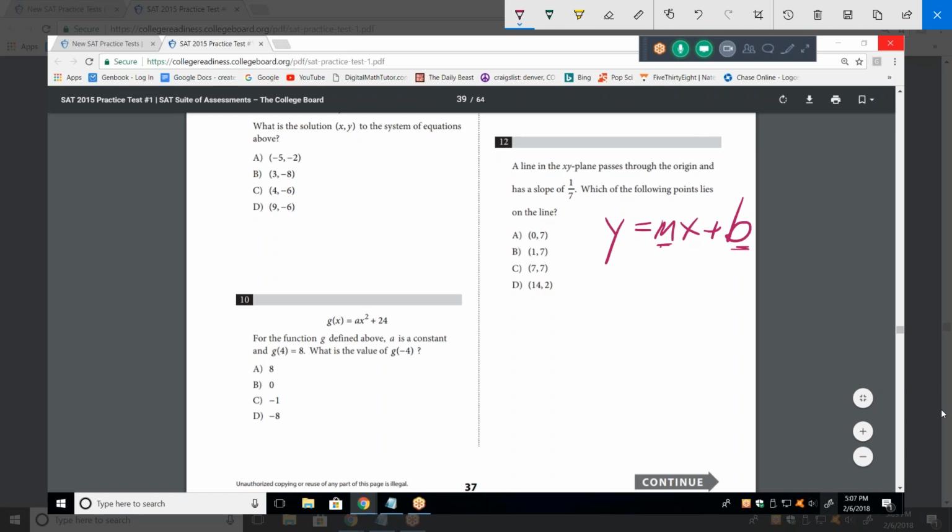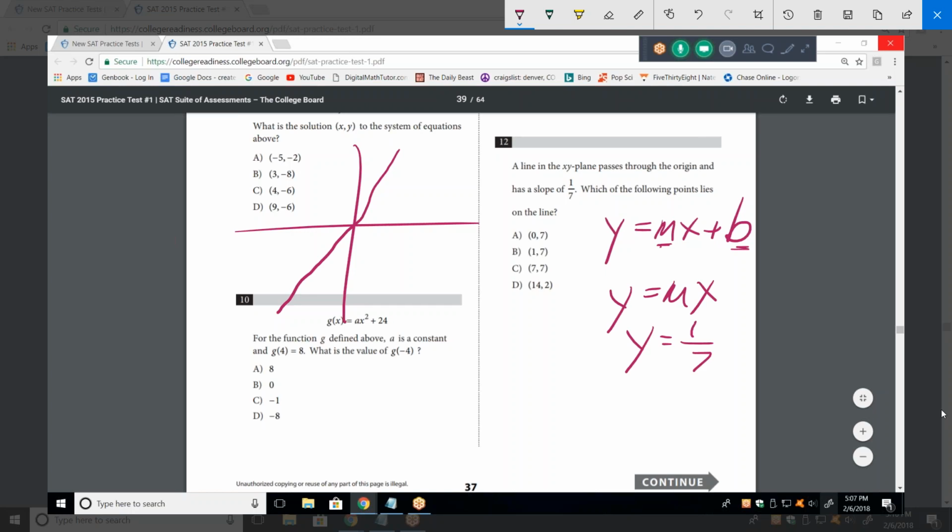If I have a straight line that passes through the origin, where is it crossing the y-axis? 0. So now we have y equals mx. What's the slope? 1/7. So now we have y equals 1/7 x, and that's the equation of the line.